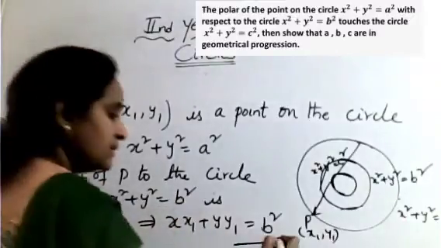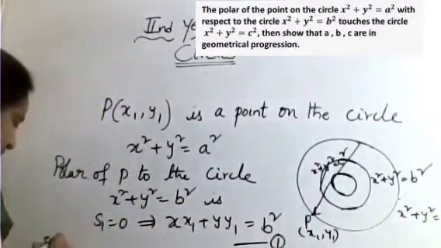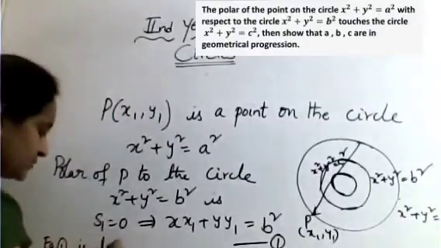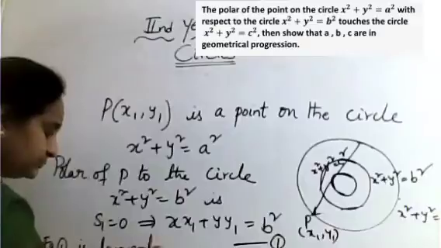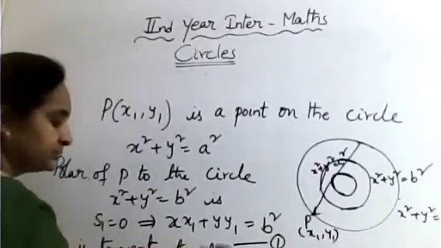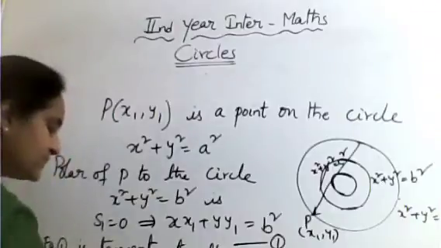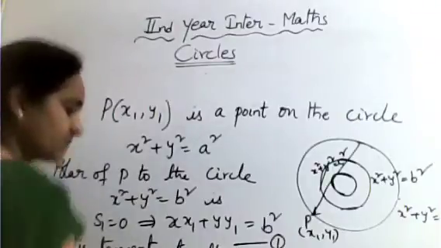So equation 1 is tangent to the circle x square plus y square is equal to c square.